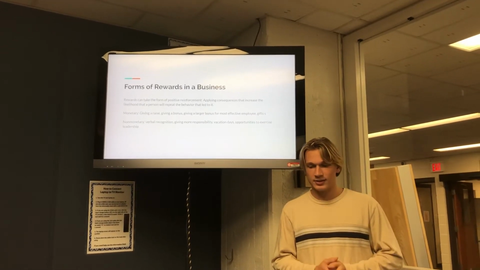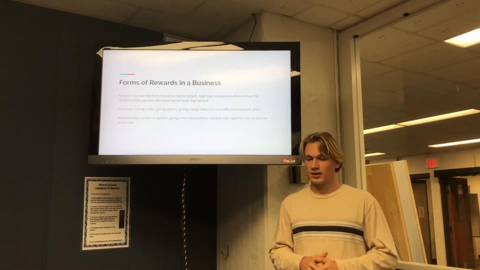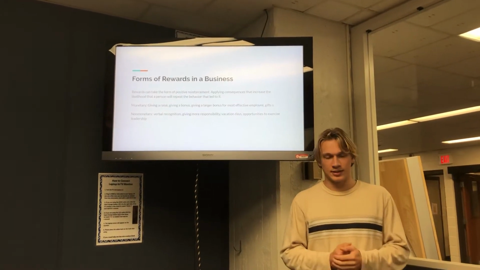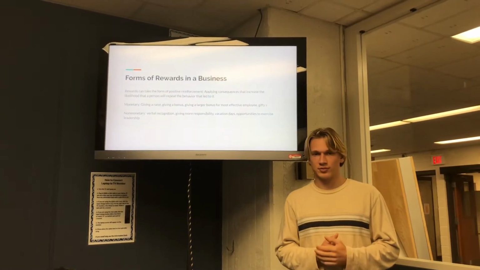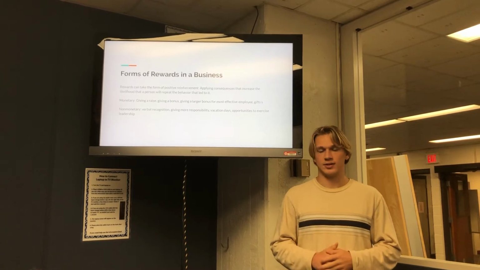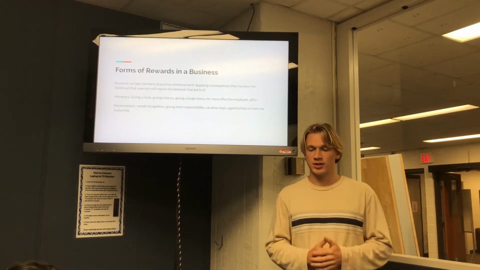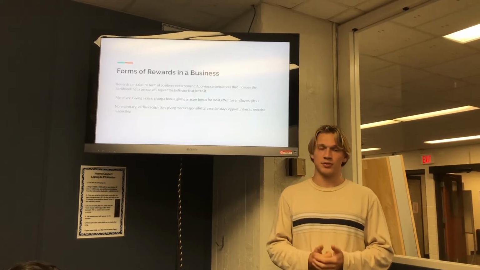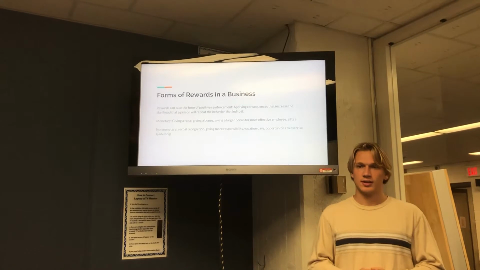It's giving a raise, giving a larger bonus for effective employees, bonuses at the end of the year, gifts, vacations. But more creative managers will generally have non-monetary rewards, and this can be verbal recognition, giving someone more responsibility, more opportunities for leadership, more vacation days.